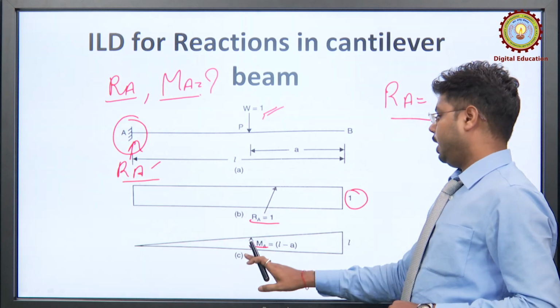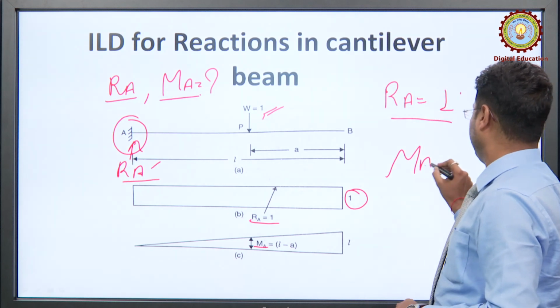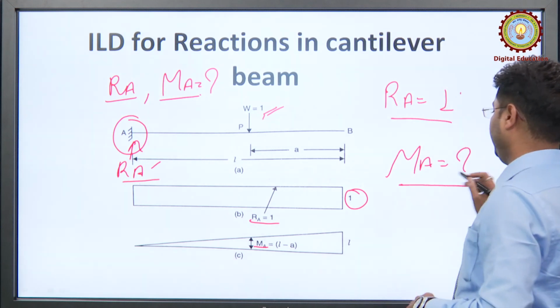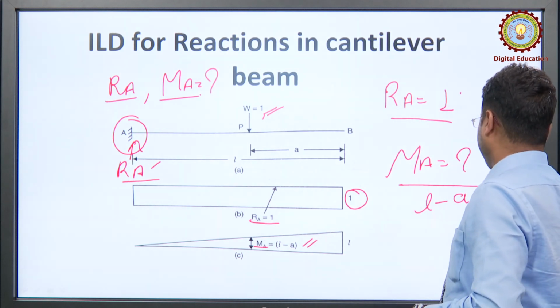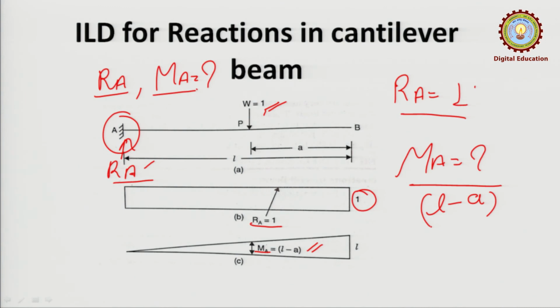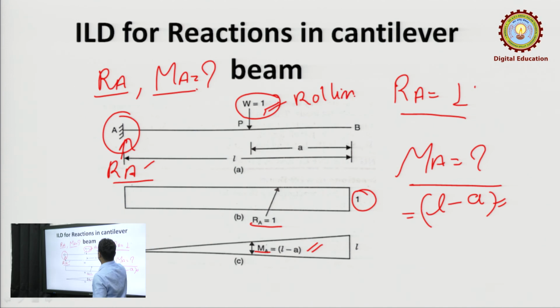How can we calculate the influence line diagram for moment at A? The equation will be L minus A. This will be the equation for MA: MA is equal to L minus A. This is the unit rolling load, the rolling load is moving on the span of the cantilever beam.